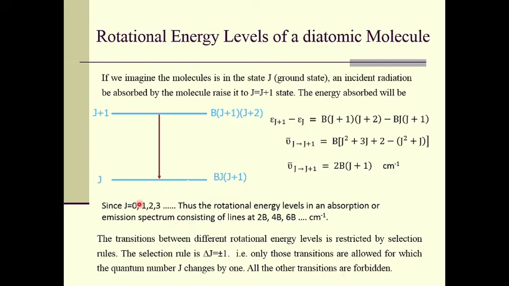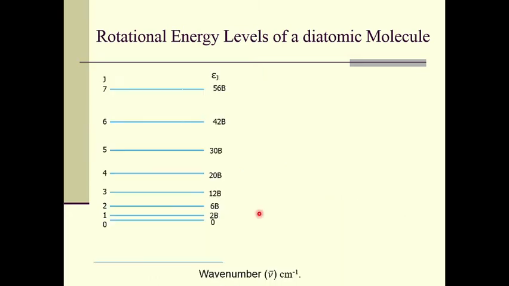That means the transition between 0 to 1 is allowed, 1 to 2 is allowed, 2 to 3 is allowed, and not from 0 to 2 or 0 to 3 or 1 to 3. Only transitions between adjacent levels are allowed, where delta j changes by 1 only, plus or minus 1 depending on absorption or emission.